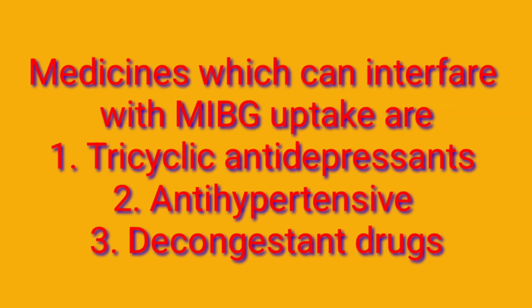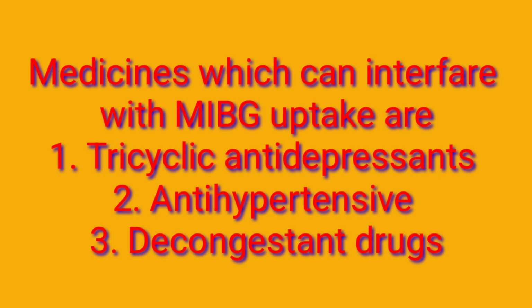Care should be taken while using meta-iodobenzylguanidine for diagnostic purposes, because certain medications can interfere with this pharmaceutical. For example, if the patient is on tricyclic antidepressant drugs, you should be very careful using this radiotracer.